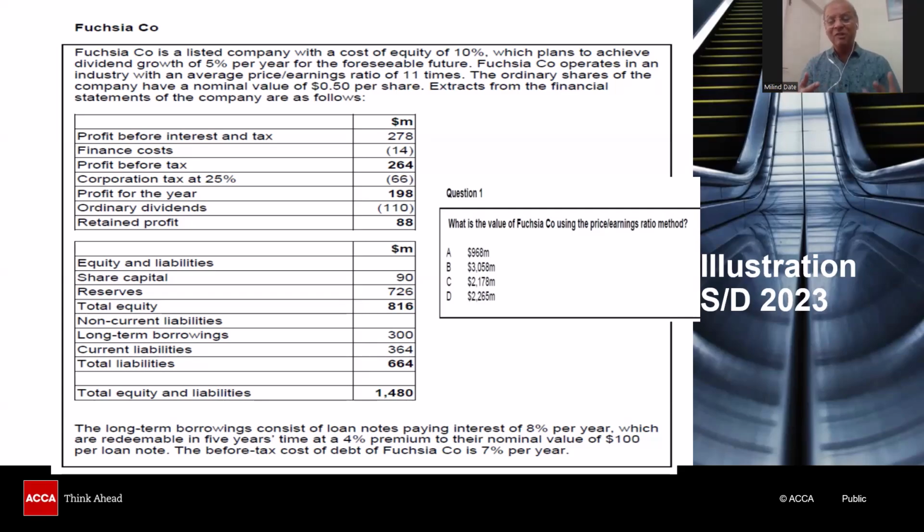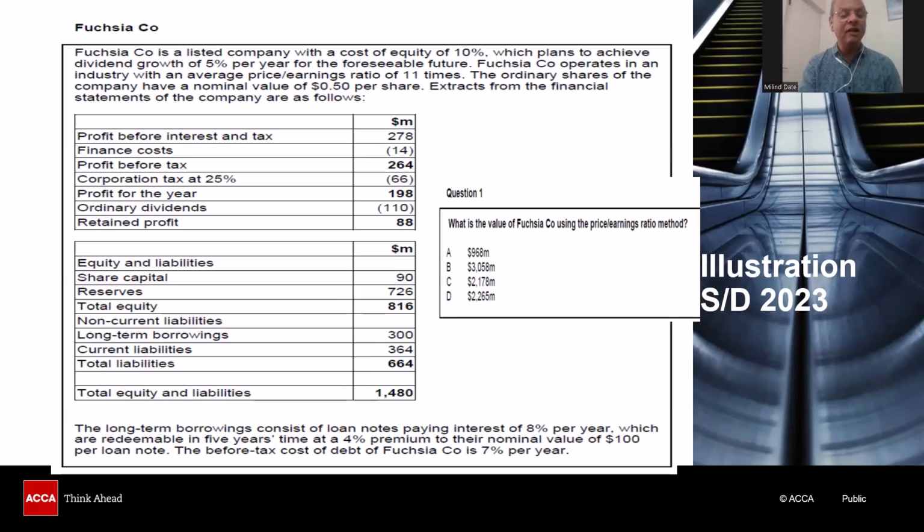So only learning and practicing the whole syllabus would come to your rescue. The value of a company based on price to earnings ratio is very, very simple. You take the total earnings and multiply that by the price to earnings ratio. Therefore, you need 2 numbers to answer this question and get 2 full marks for that. One is the earnings.